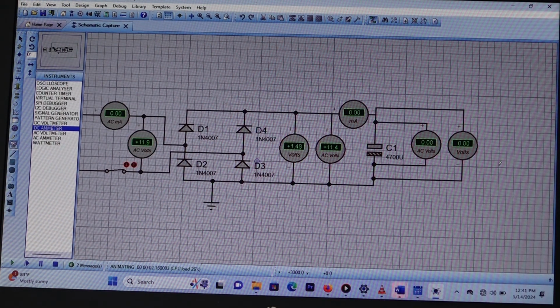So you see, what is the current flowing through the bridge rectifier and filter? 0 milliampere. Why? It means all of those electronic components have a very small internal resistance, so they have very minimal power consumption. Okay? So this AC milliammeter, this DC milliammeter, it's a testing point.